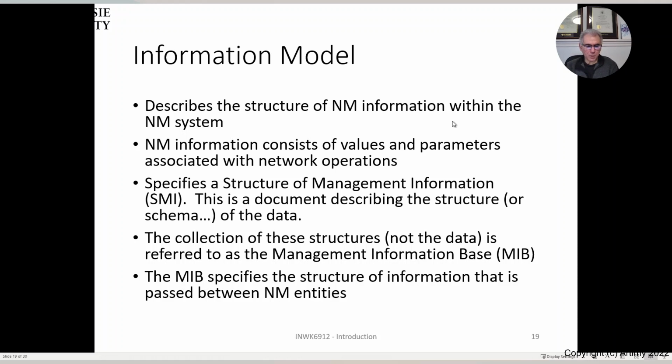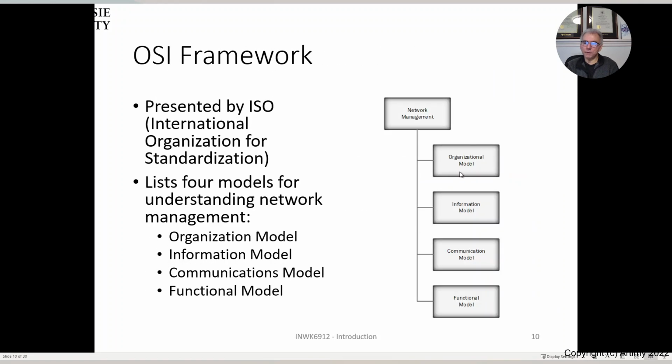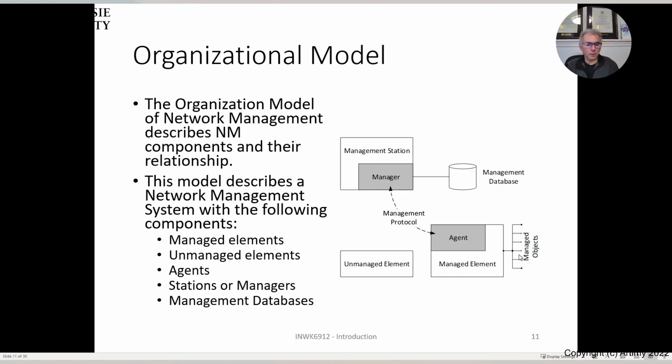How about the information model? The information model describes the structure of the information itself. Right? So I said before that we need to collect information about managed objects and send it. This information, if I'm talking about the number of packets, the format of that is different than when we talk about temperature.